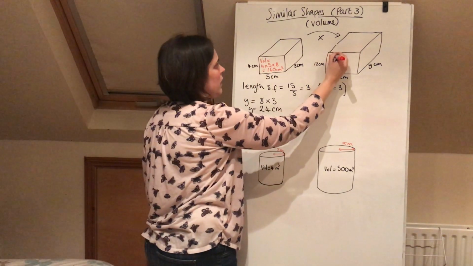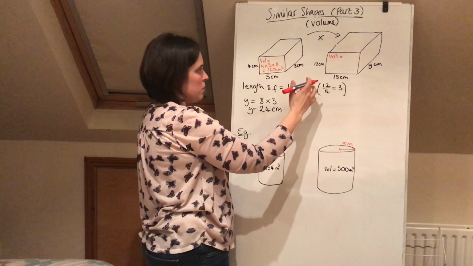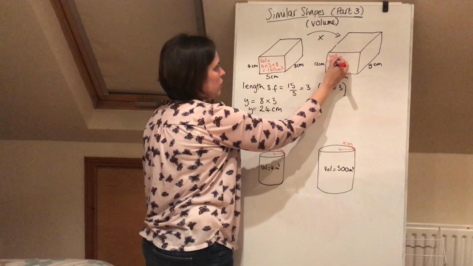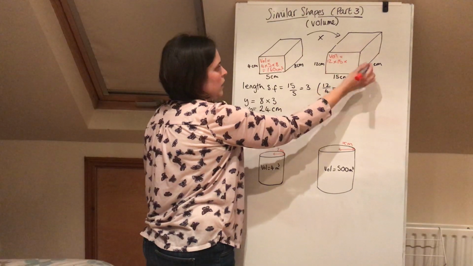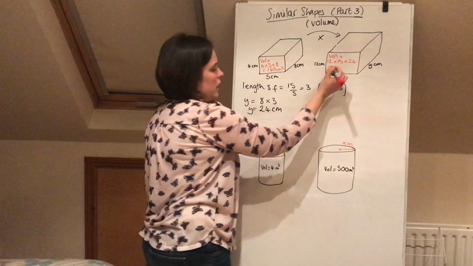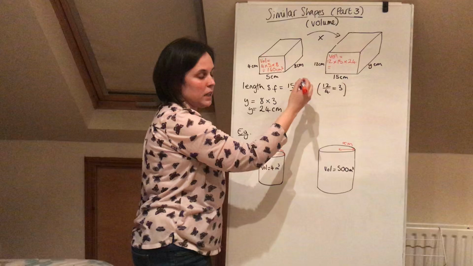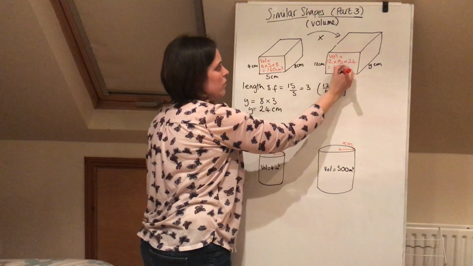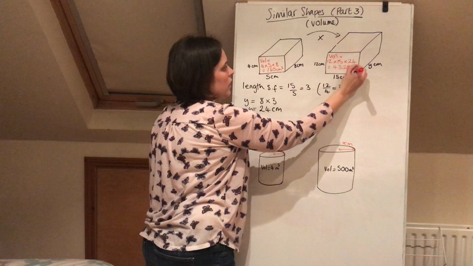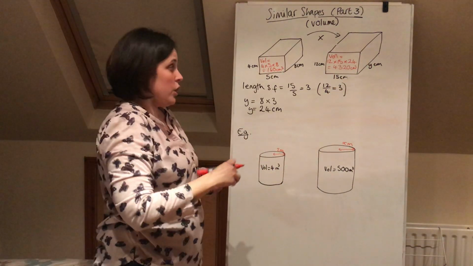Same principle here. So the volume of this shape would be, I'll try and keep them all in the same order, 12 times 15 multiplied by y, which we now know to be 24. I don't expect you to do that in your head unless you're really good at multiplication. It is 4320 cubic centimetres. Okay, so those are your two volumes.